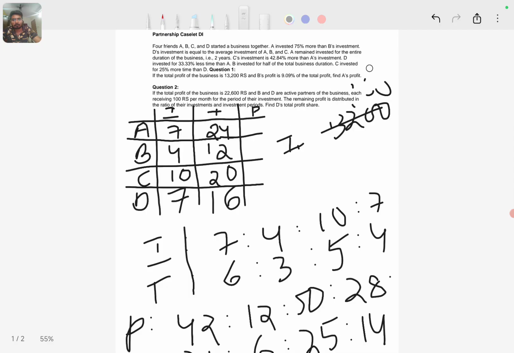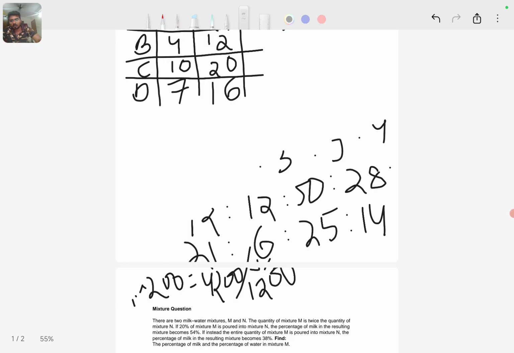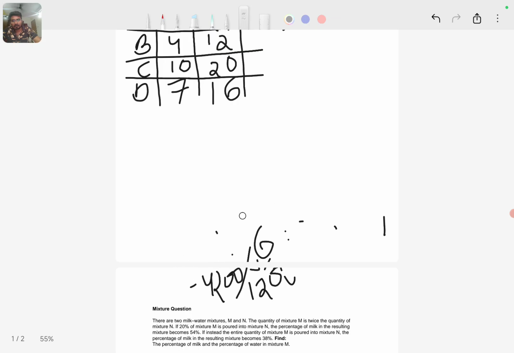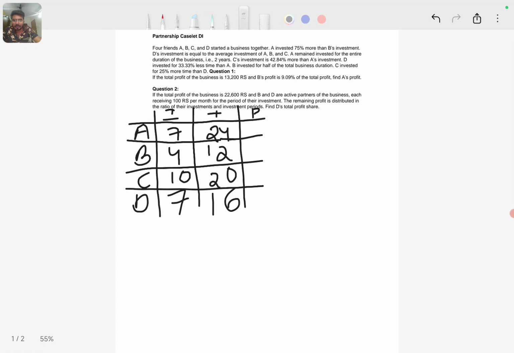Let me erase this one. The second question is asking: if the total profit is 22,600, and B and D are active partners of the business, active for the months they are in the business.